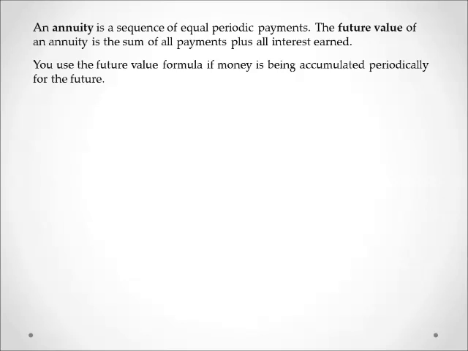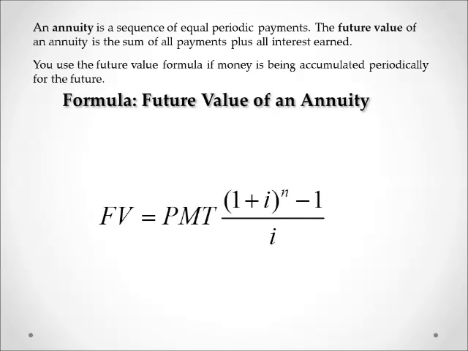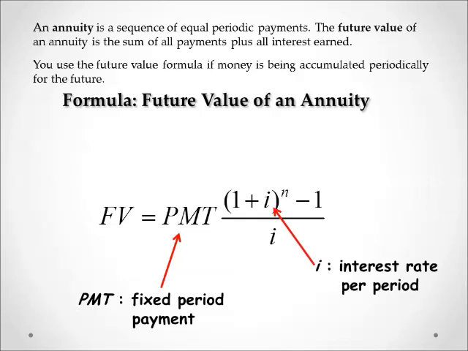We use the future value formula if the money is being accumulated periodically for some time in the future. So here's the formula. Future value equals payment times (1 plus i) to the n minus 1, over i.